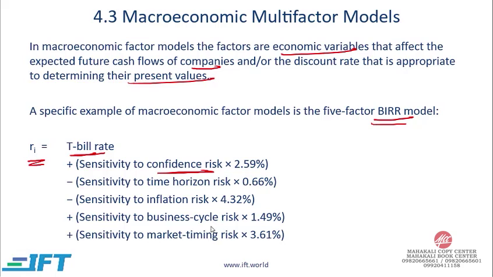This is the unexpected change in the level of real business activity. A positive surprise or unanticipated change indicates that the expected growth rate of the economy measured in constant dollars has increased. And finally, sensitivity to market timing risk.